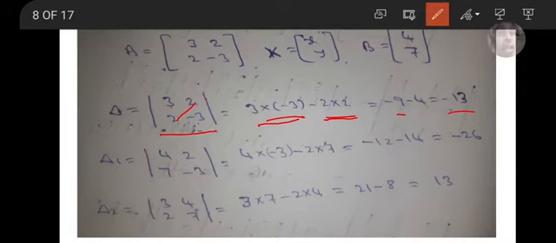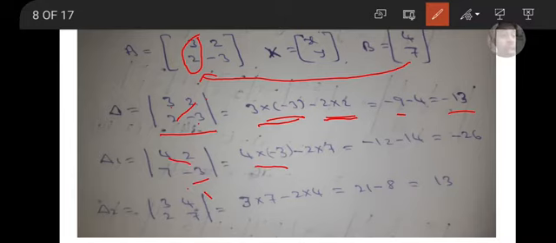Next, delta 1. Delta 1 means you have to replace the first column by the constant column 4 comma 7; the second column is 2 comma minus 3 as it is. Its determinant is the same, AD minus BC: 4 into minus 3, minus 2 into 7, that is minus 12 minus 14, that is minus 26.